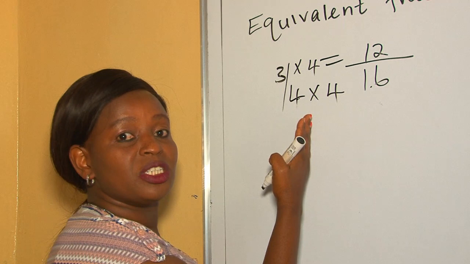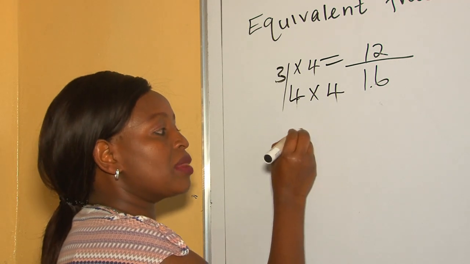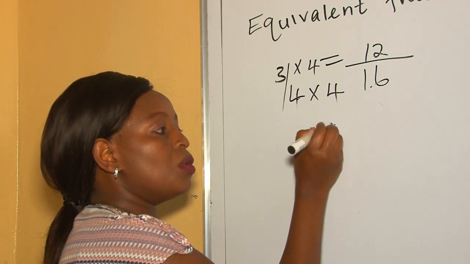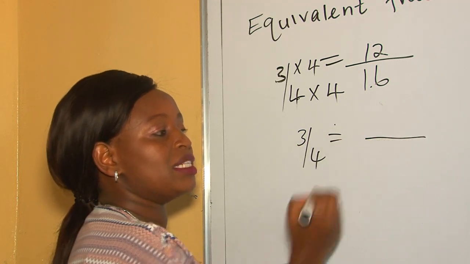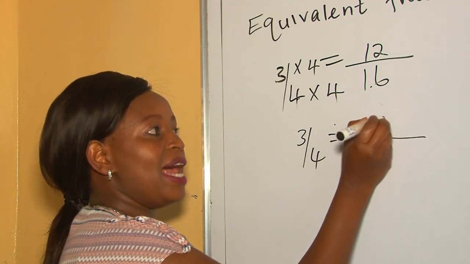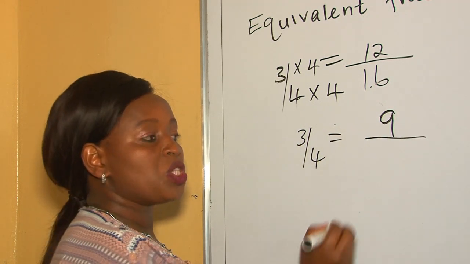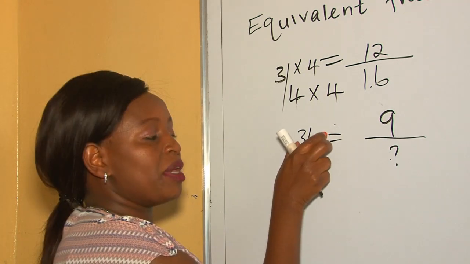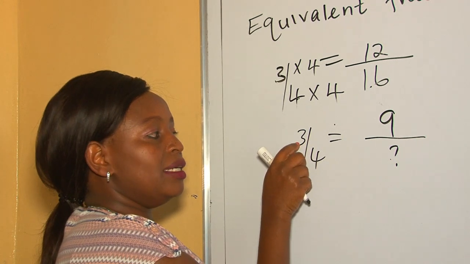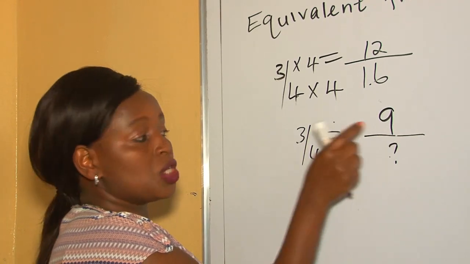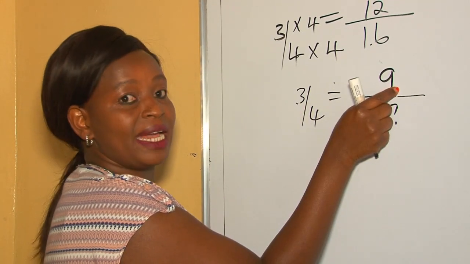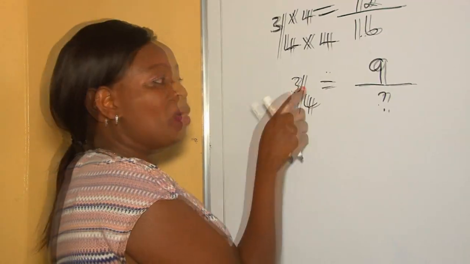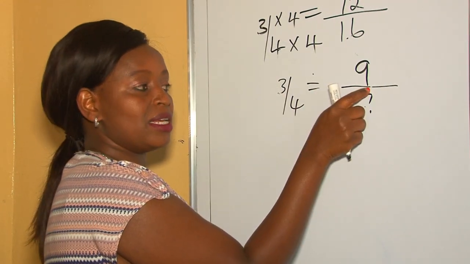Now another equivalent fraction to 3/4: if on the numerator we have 9, what's going to be our denominator? Remember we have said you look at the number that has changed. Our 3 has changed to become 9. Then you ask yourself, what happened to 3 to become 9?